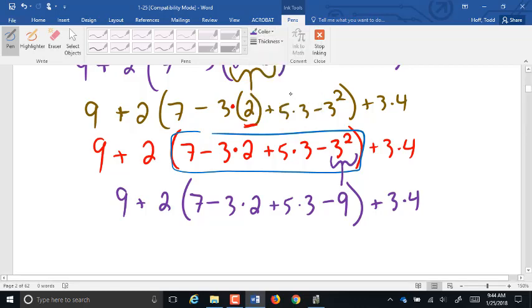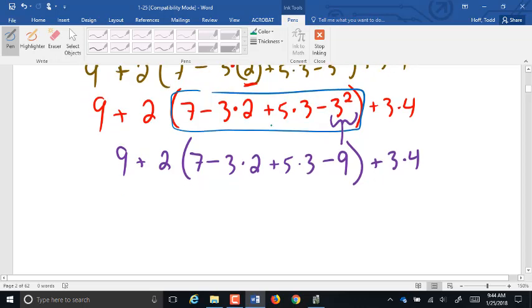Now, inside that parentheses, any other exponents? No, so we move down the list. Multiplication and division. There's actually a couple of multiplications, so we will go left to right. First one we'll see is 3 times 2, which is 6. So replace that 3 times 2 with 6.